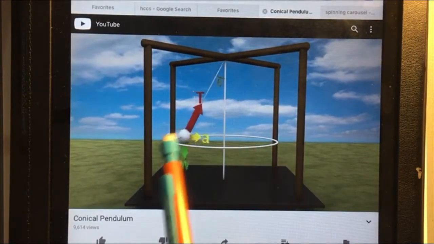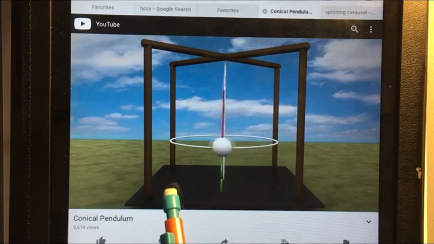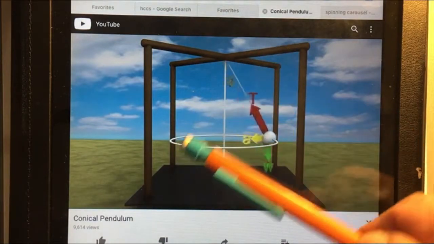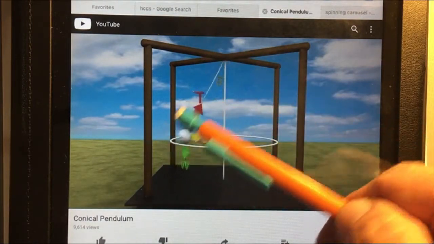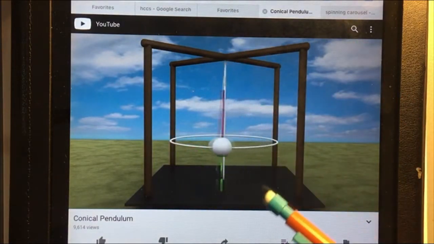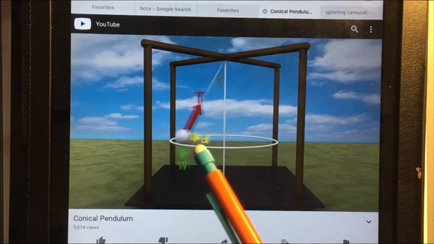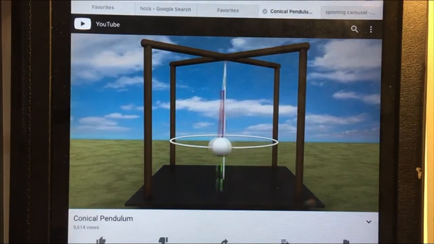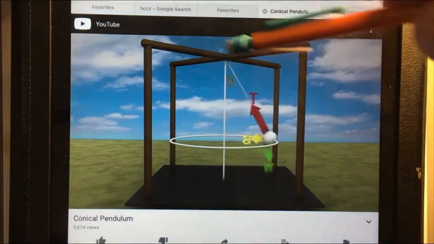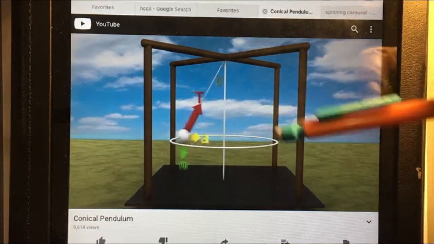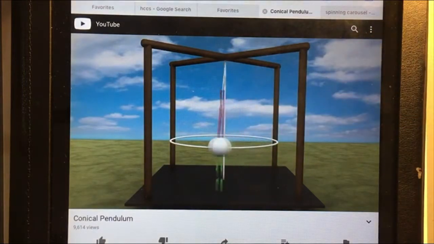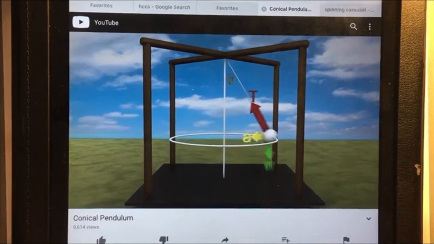We have a mass that's going around in a circle. The string will have a tension in it, pulling it up. The weight is acting downwards, and the centripetal acceleration is always pointing towards the center of that circle. Because this makes it look like a cone, it's called a conical pendulum.